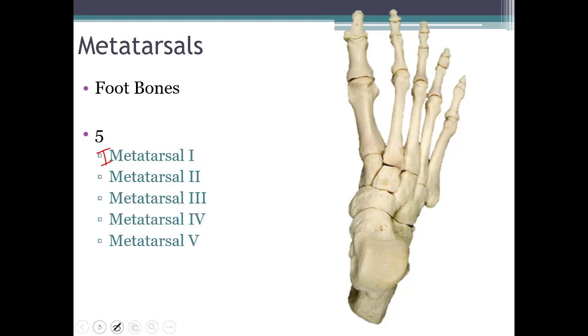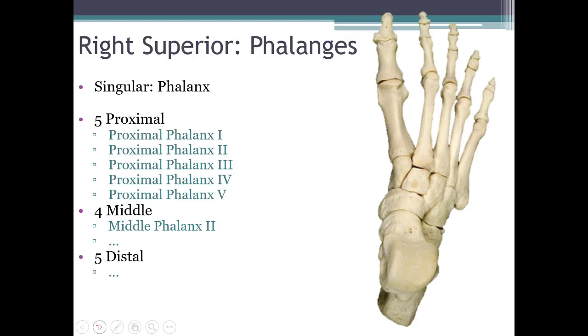This would be ID bone, metatarsal 2, ID bone, metatarsal 3, ID bone, metatarsal 4, and ID bone, metatarsal 5. And then our phalanges, again, work the same way as they did in the hand, where we have 1, 2, 3, 4, 5 proximal phalanges. And again, if we were identifying just one of them, it would be phalanx.